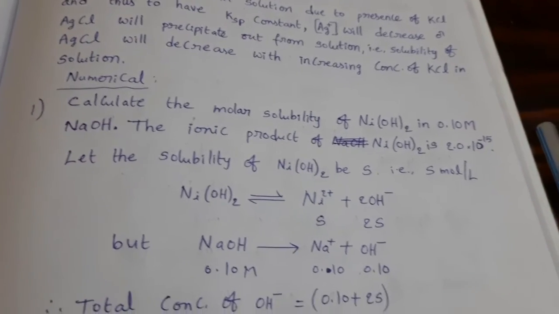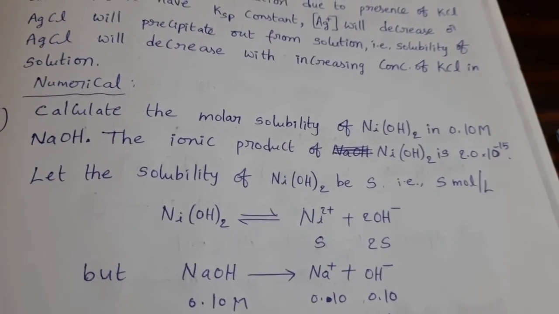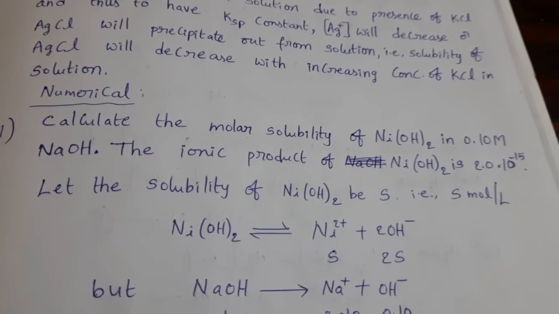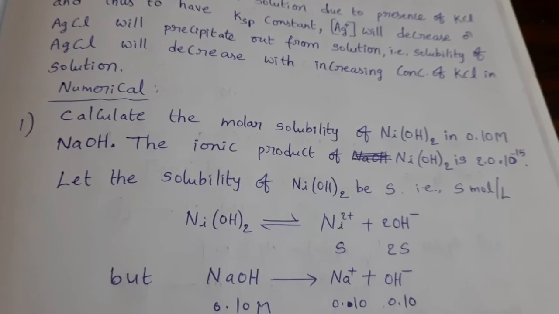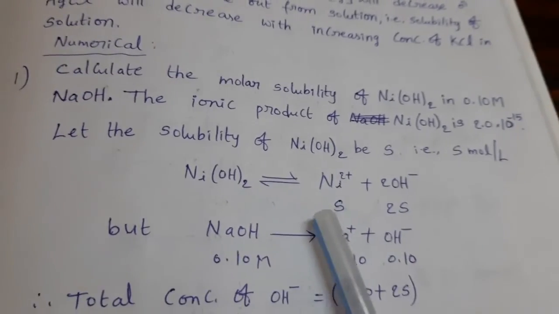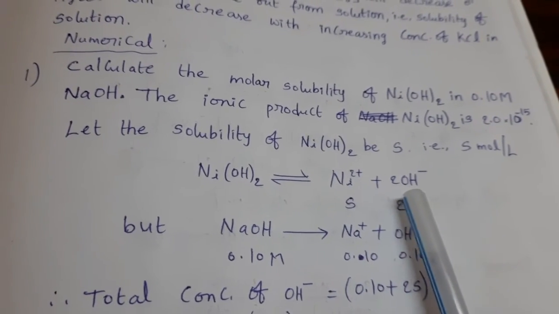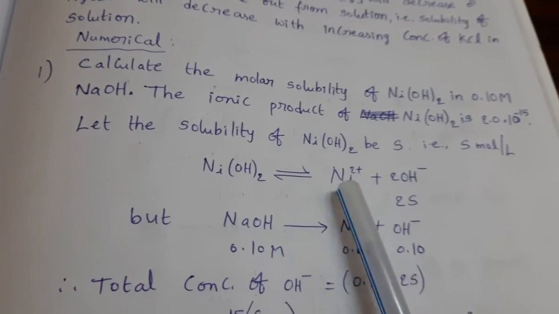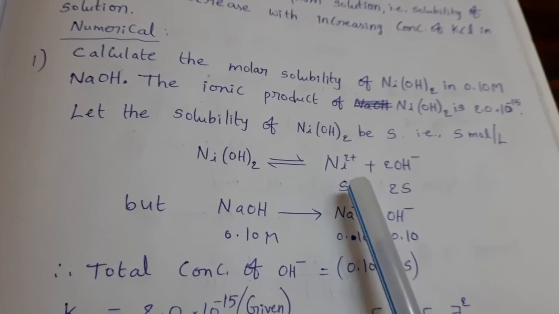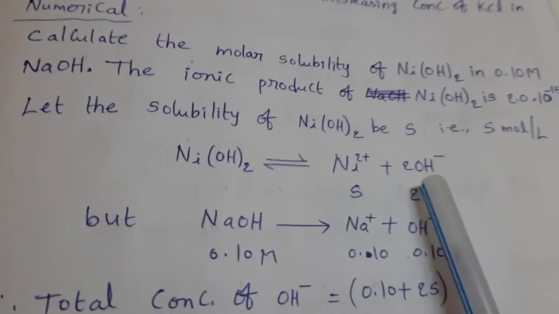See the explanation. Let the solubility of Ni(OH)2 be S. That means S moles per liter. Ni(OH)2 undergoes small extent of ionization and forms nickel ion Ni2+ and 2OH- hydroxide ion. For this S, for this also S, for this 2S, because here 2 moles of OH- ions are formed.